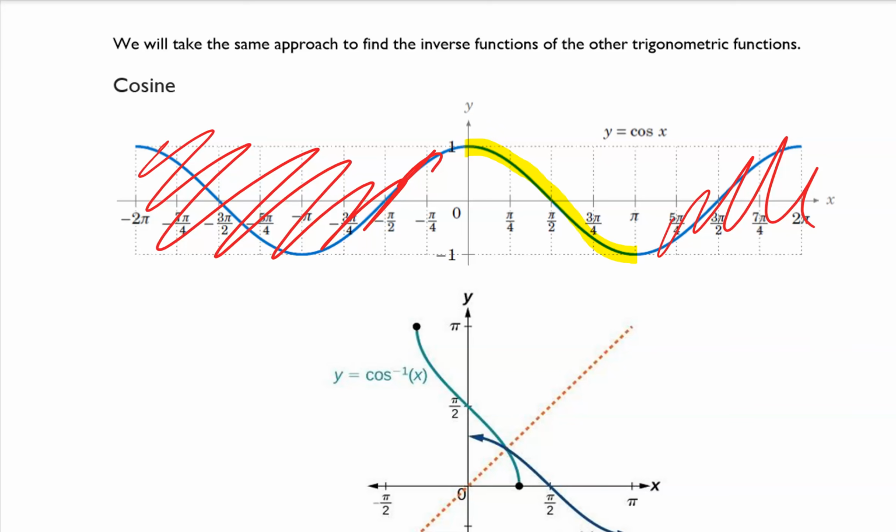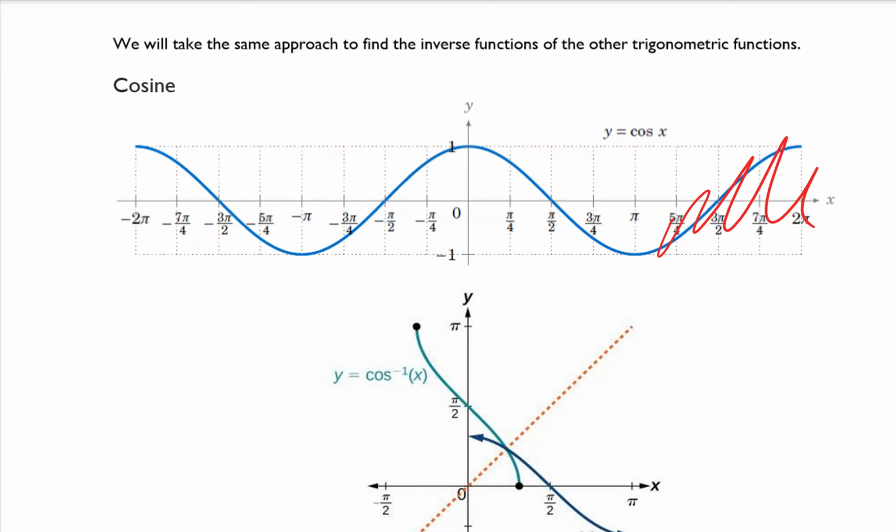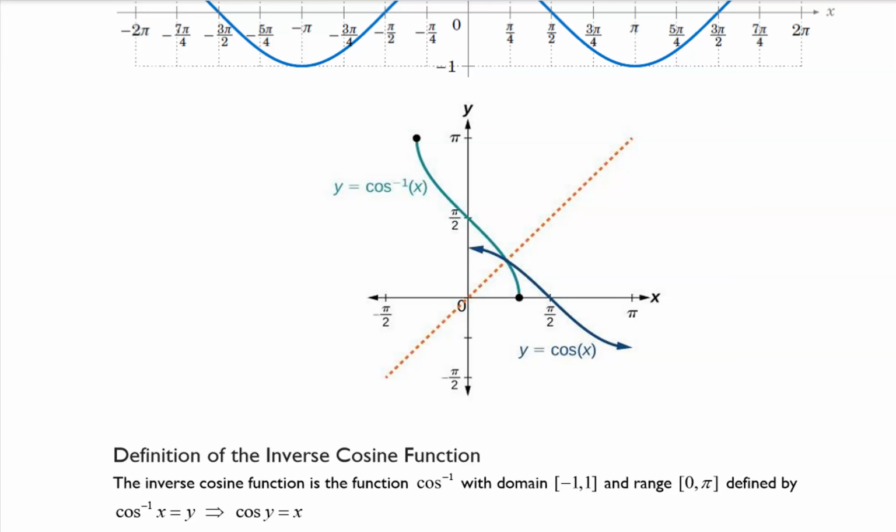considered one-to-one. And then to get the graph of the inverse function, we can reflect it over the line y equals x here and get the graph of y equals cosine inverse of x, which is highlighted there.